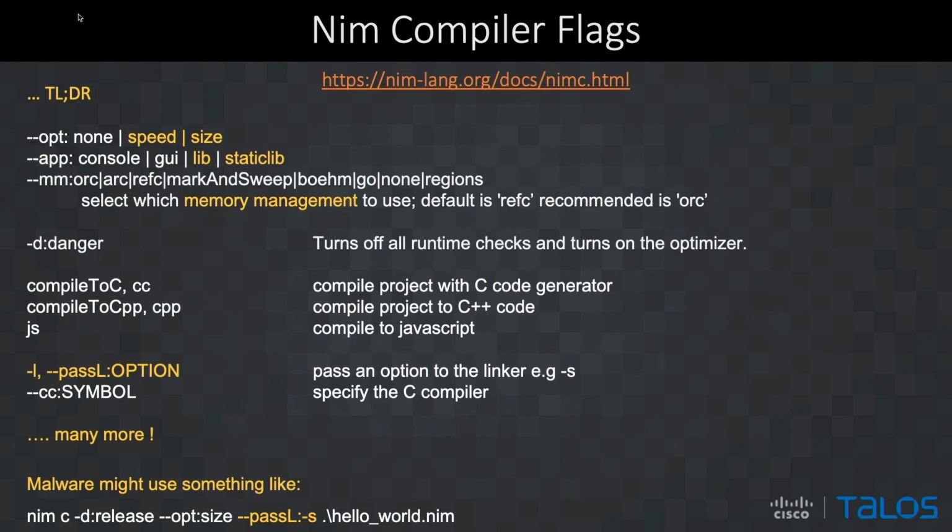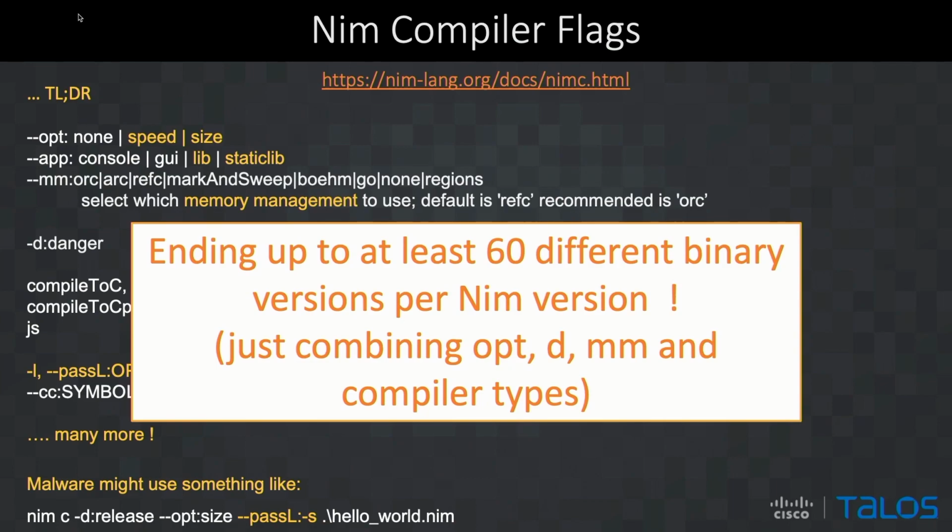So there are all these kinds of options, which in the end generate, just with the tests we did, with speed and size, and with a couple more options on stripping symbols or release or not release production, 60 different versions of the code being generated.